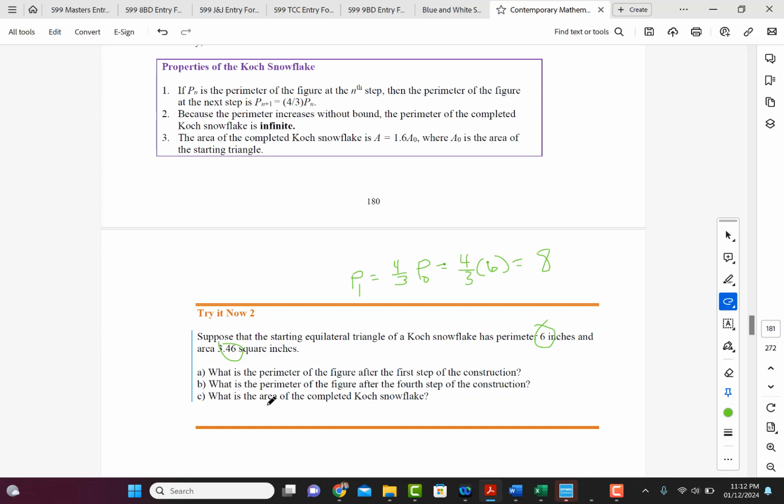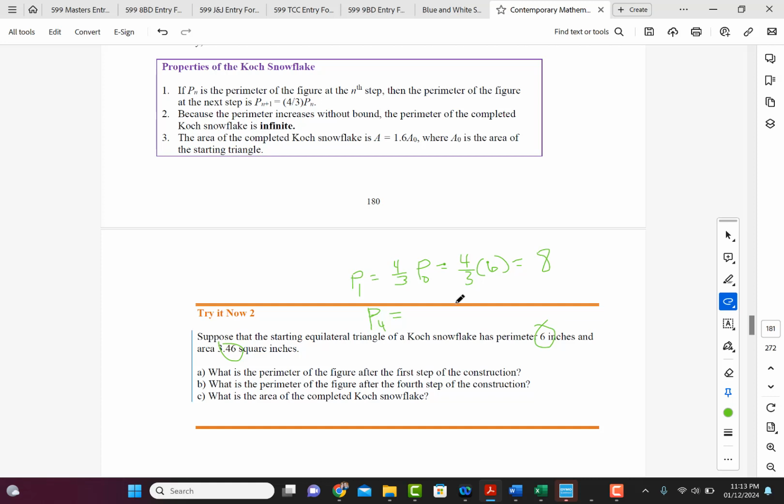And then it says, what is the perimeter of the figure after the fourth step of construction? Well, let's think about this. So if P1 is 8, P2 would have to be 4/3 times 8, which would be 32/3.